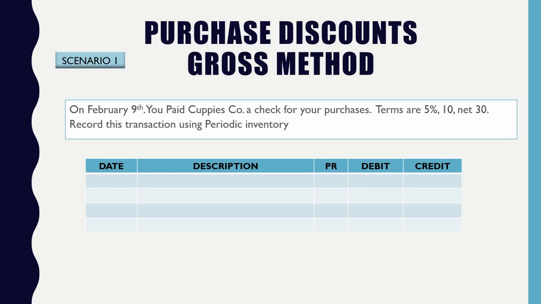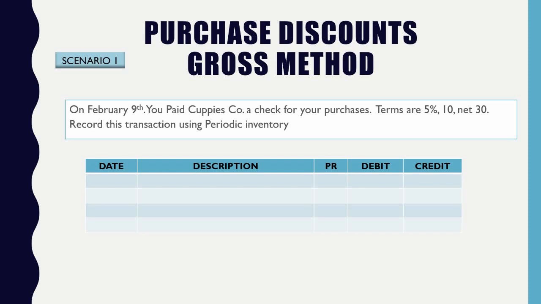I purchased them on February 1st, and it's now February 9th, so 9 days later, we decide to pay. Yes, I made the discount period. Now I need to record the payment because, remember, it's a condition. You have to pay in order to receive the discount.